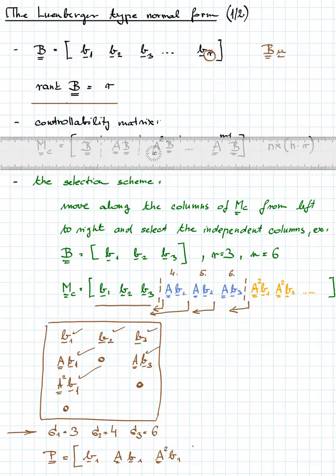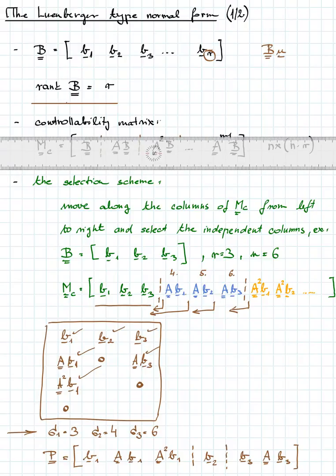I put B2 from the second, and finally B3 and AB3 from the third column of the selection scheme. P has got 6 column vectors, and the number of the rows is 6. So it's a 6 by 6 matrix in this case.